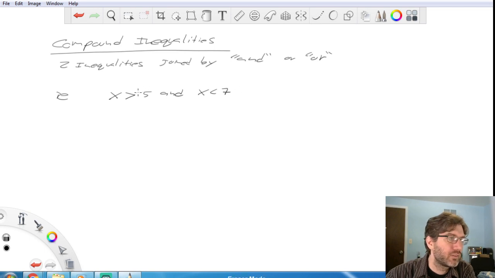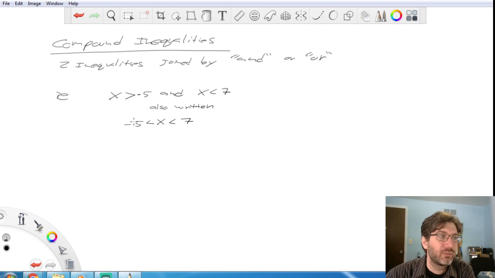And these are the kind of things you're going to start to see. They're pretty straightforward. This is also written, and what you see more often, especially with the and ones, as -5 is less than x, which is less than 7. So you're going to see it written like this.